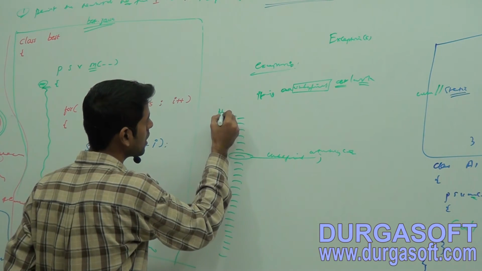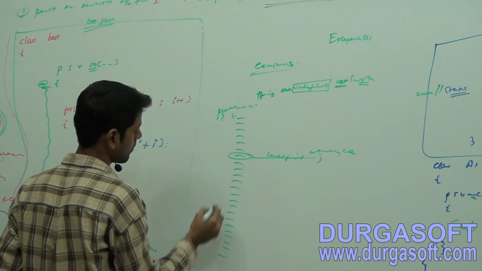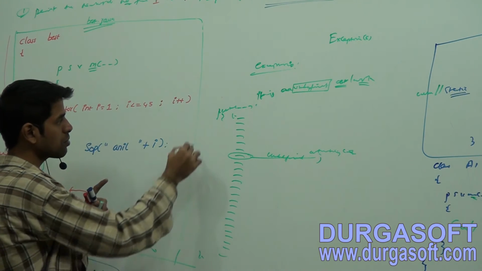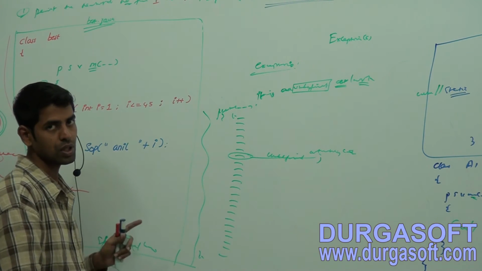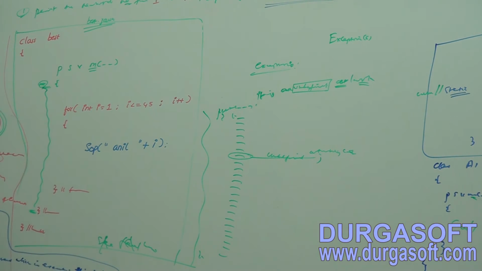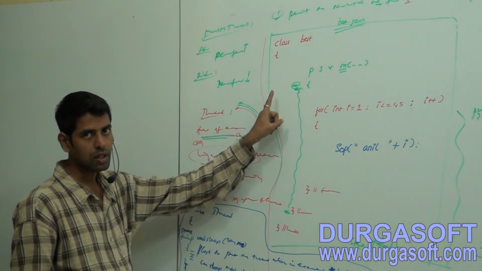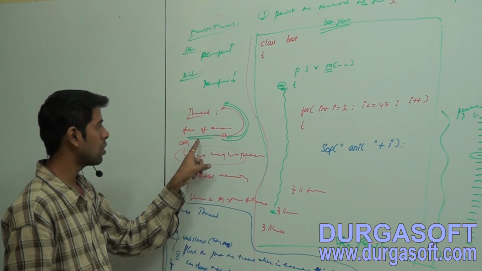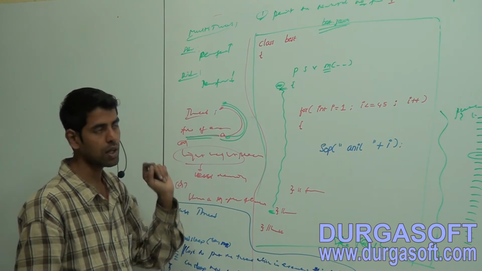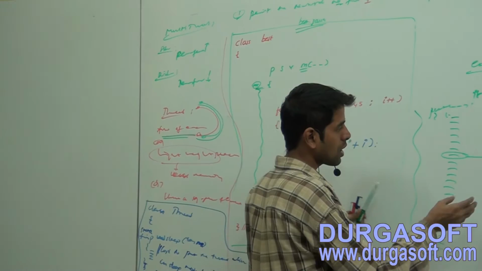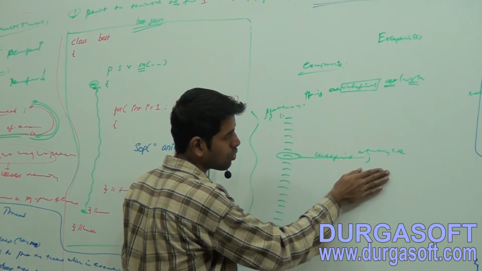Think that it is your public static void main method. Who will execute this method? Our JVM, through one flow of execution. Flow of execution means a thread. Now you have one undefined activity code.